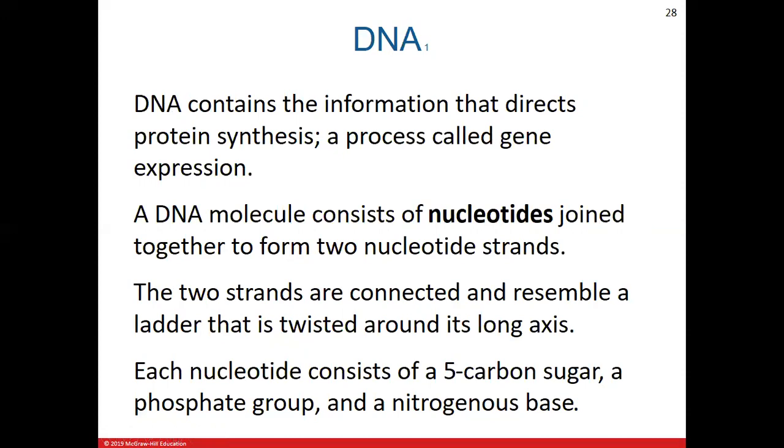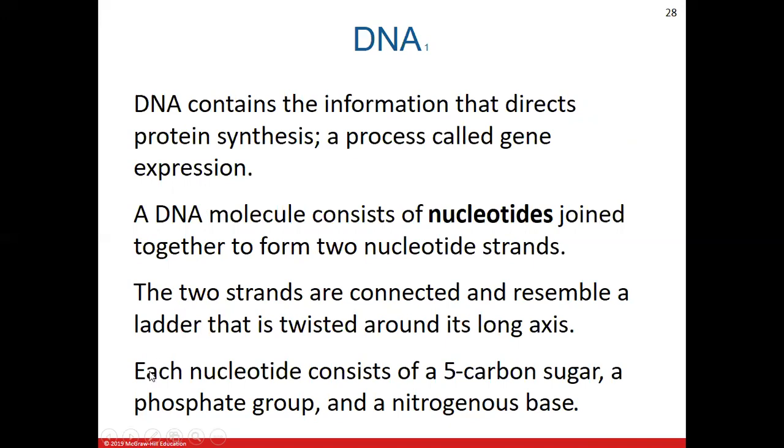And a little bit about the structure. The DNA is a nucleic acid, made out of subunits called nucleotides. You have basically two nucleotide strands, and they come together and twist together, and that creates what's called the double helix.